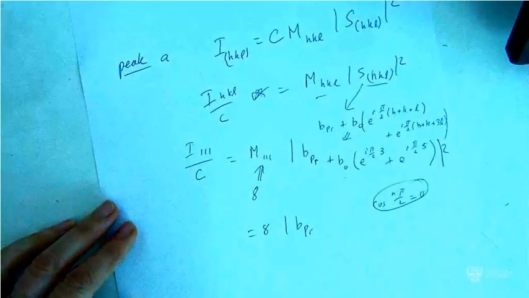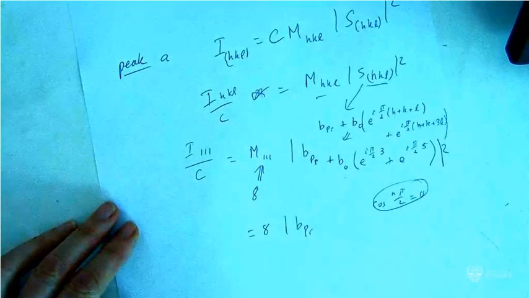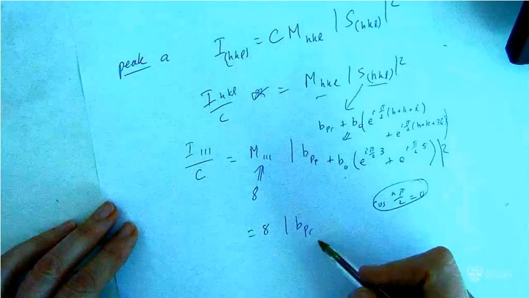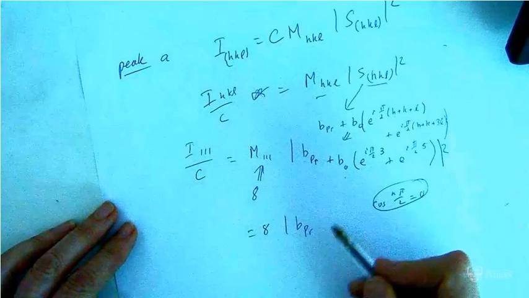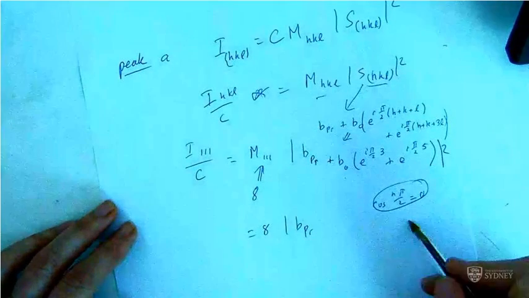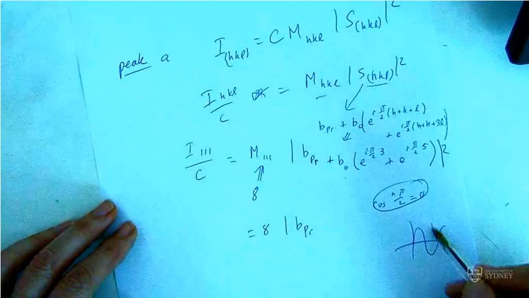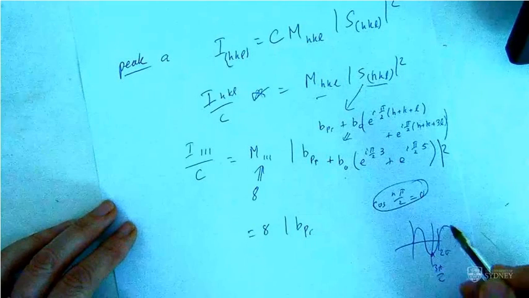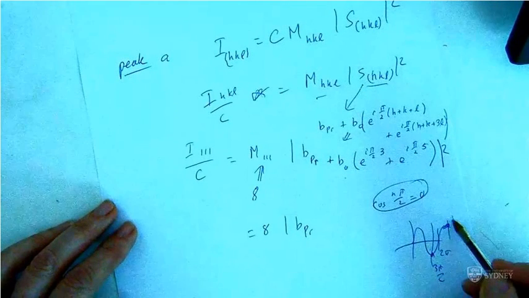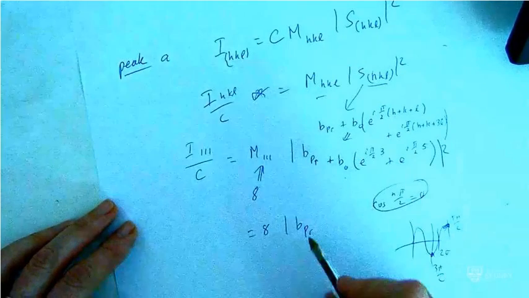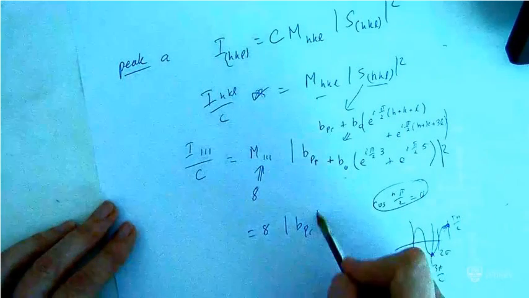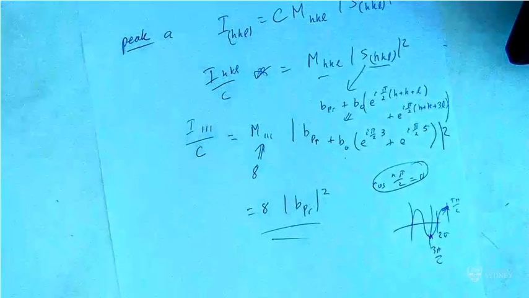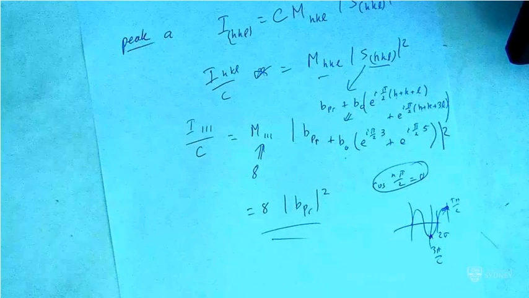And then the sine terms from these two will cancel, because you'll get 3 pi on 2 here, and then you'll get 5 pi on 2 there. So you only end up with that first term. And so this is where we get that term here.